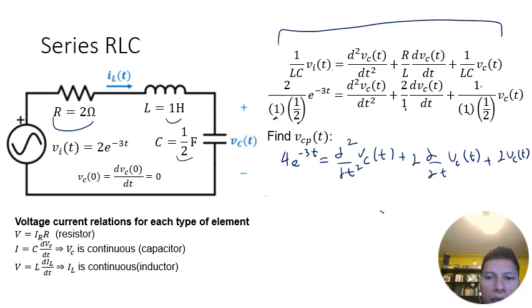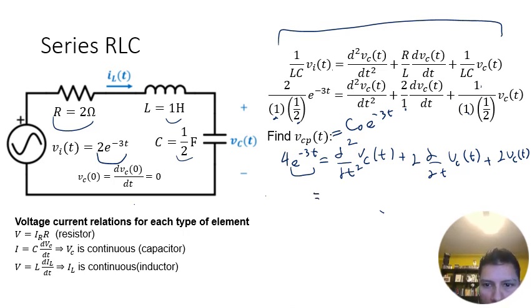Remember we are going to assume VCP is of the form constant C0 e^(-3t), because that's the form of our forcing function, which came from the question. Now we plug it into our differential equation.